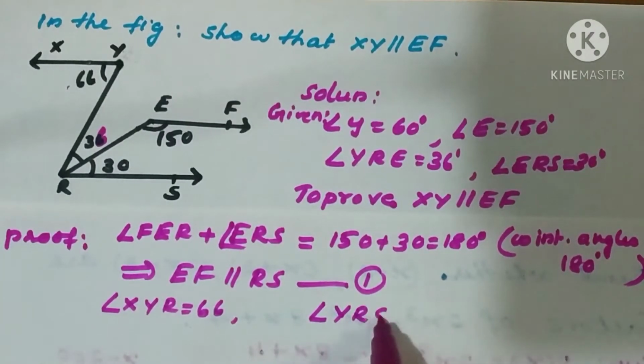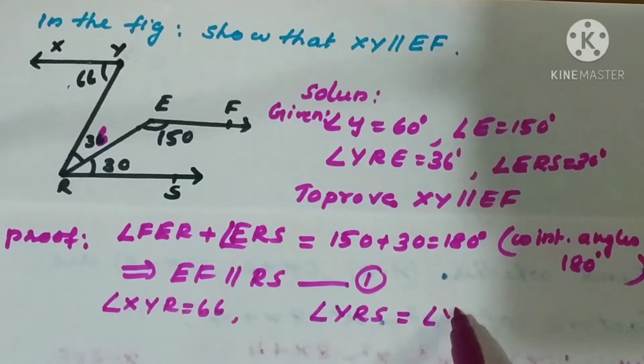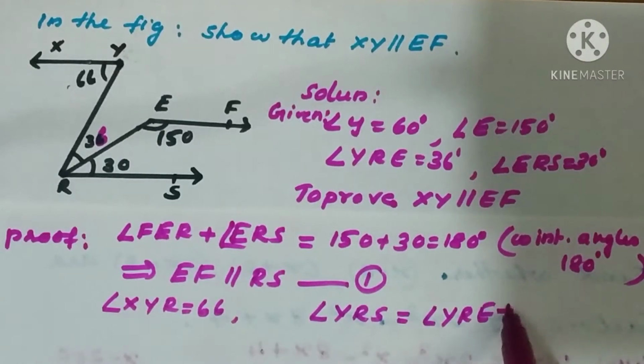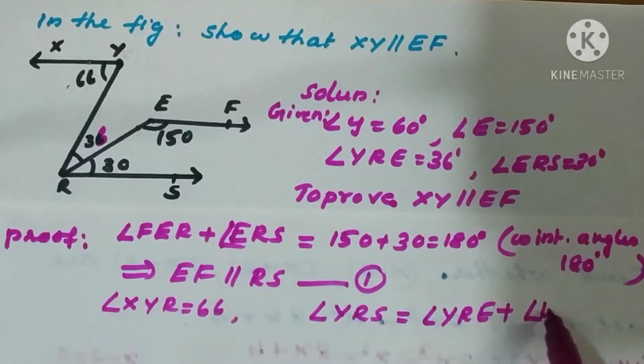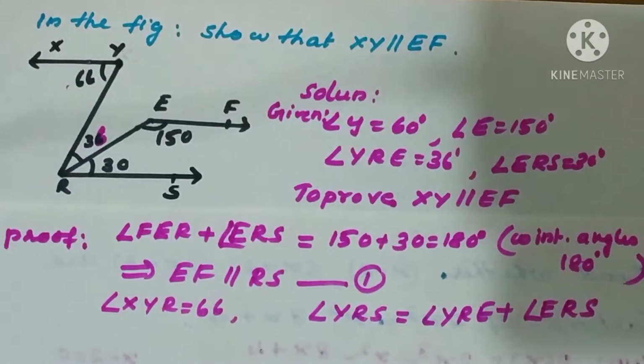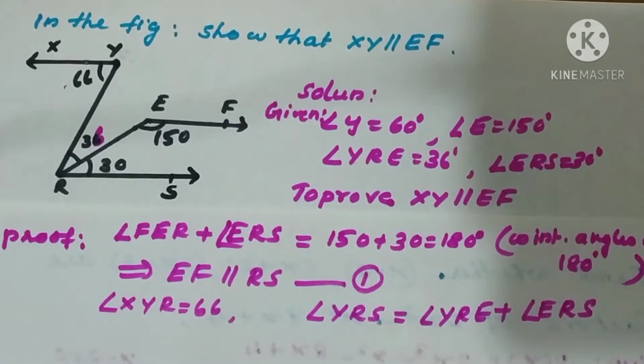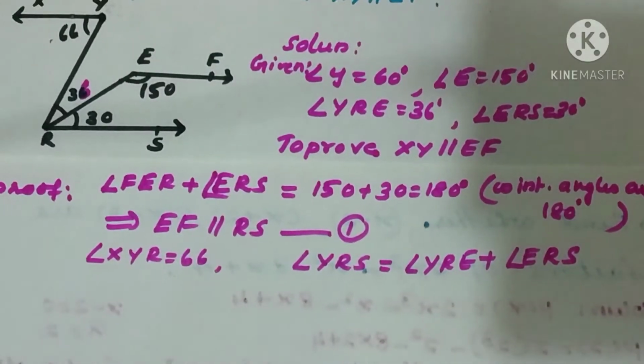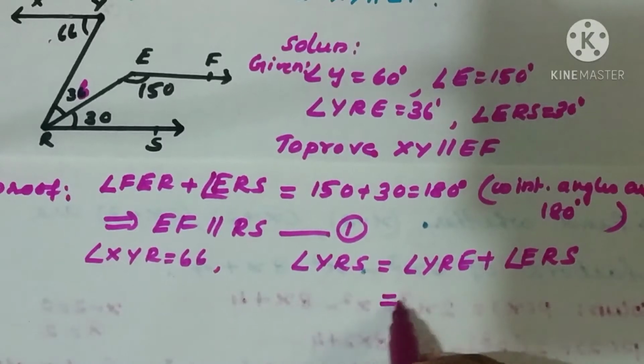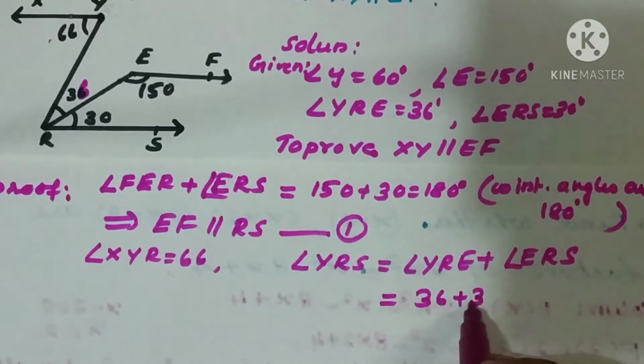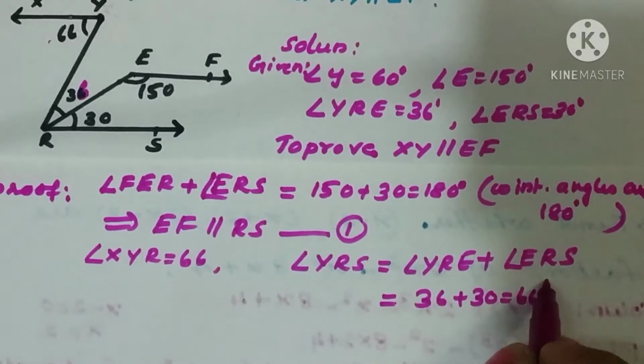Angle YRS equals angle YRE plus angle ERS. We should substitute the values. Here YRE is 36 plus 30, which equals 66 degrees.